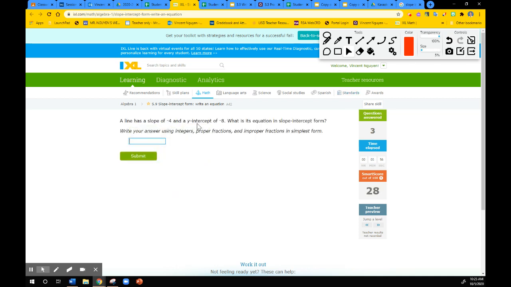Awesome. All right. Again, same thing. The slope is given to you and the y-intercept is given to you. This case is negative, so you just be careful with that negative. So y is equal to negative. m is -4, right? So I'm going to put -4 in here, and then x, and then plus b.